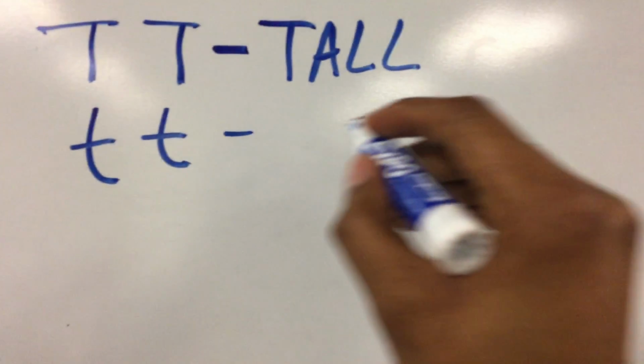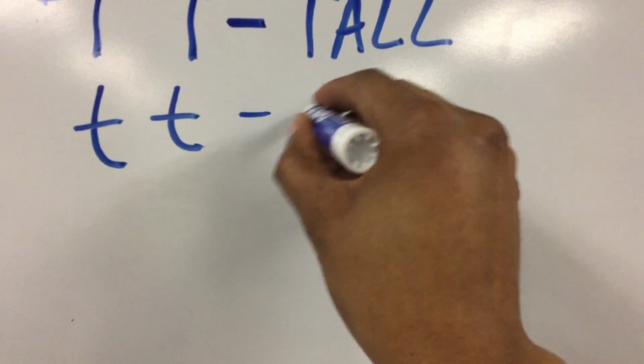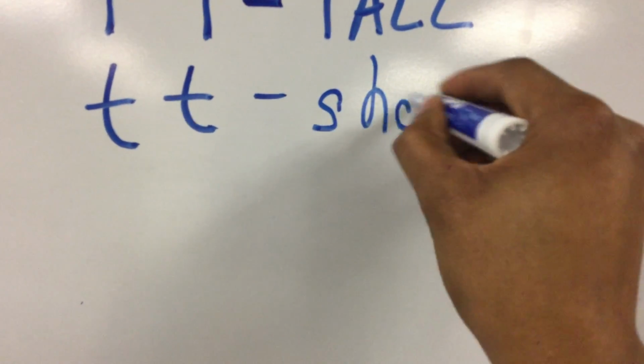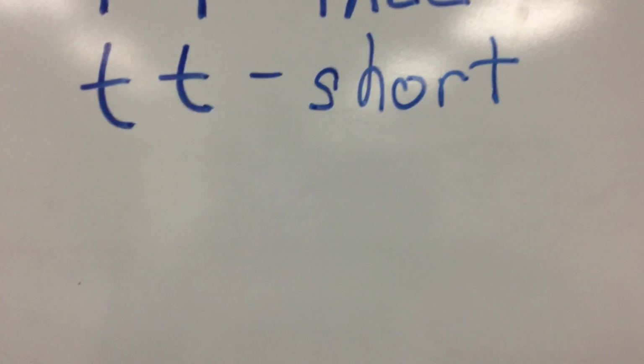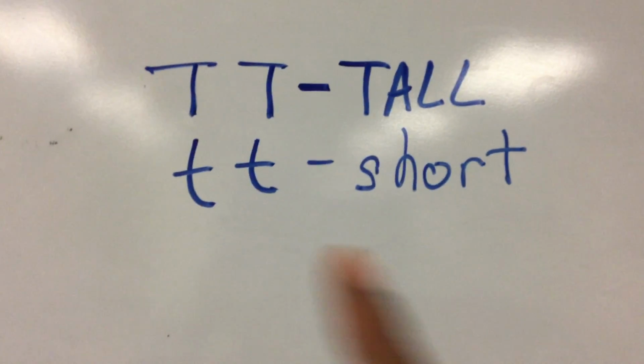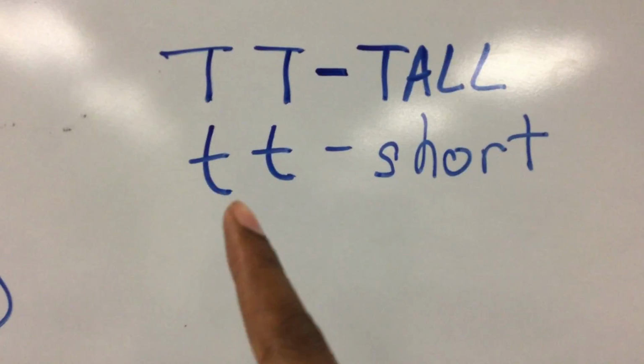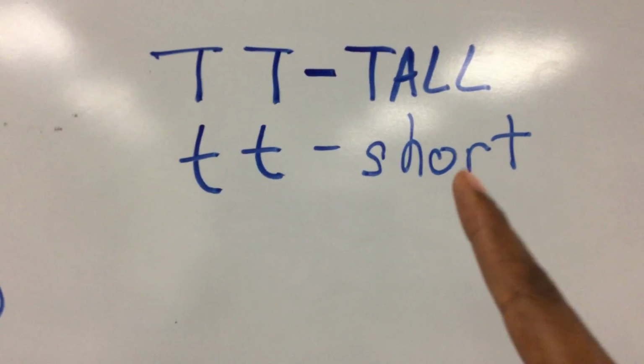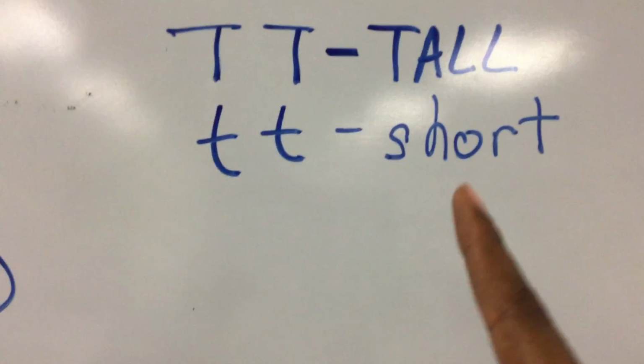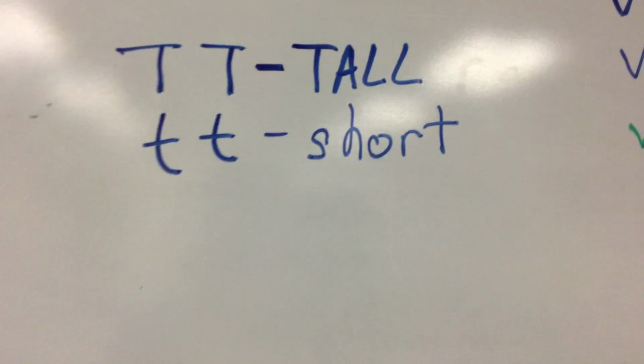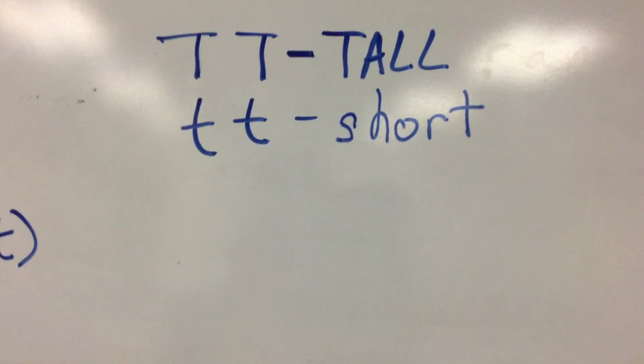All right, and hopefully you said short. Because if both alleles, if both versions of the gene are coding for the organism to be short, then it would make sense that the organism is going to be short. Okay? That part is not too hard to understand.